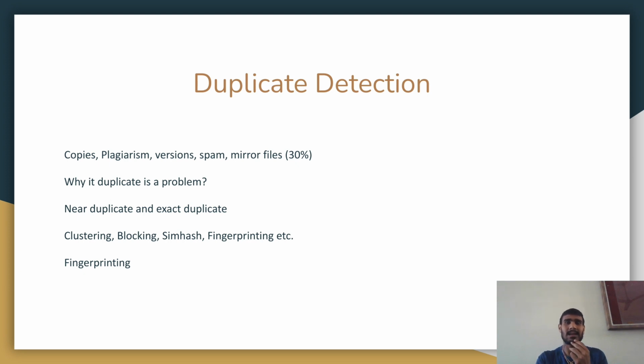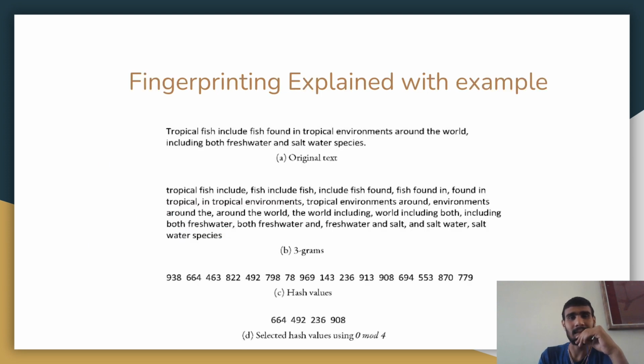So we will further apply some algorithm to reduce the size of the vector, and then we will have one vector for one document. And if the elements in the two document vectors are matching, then the two documents are similar, right?